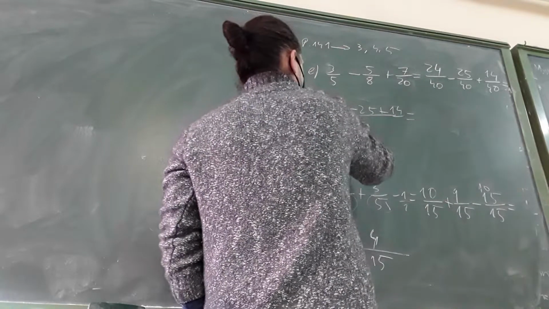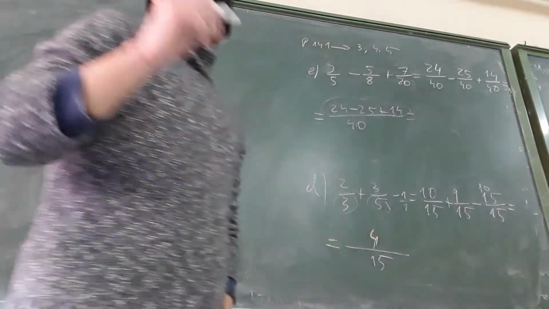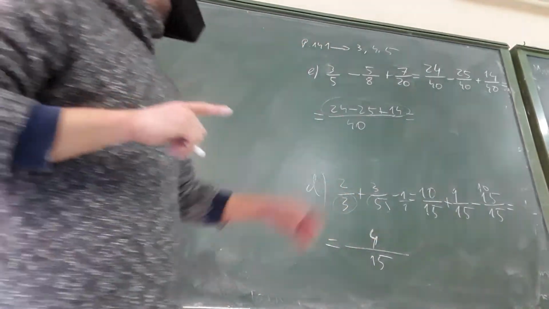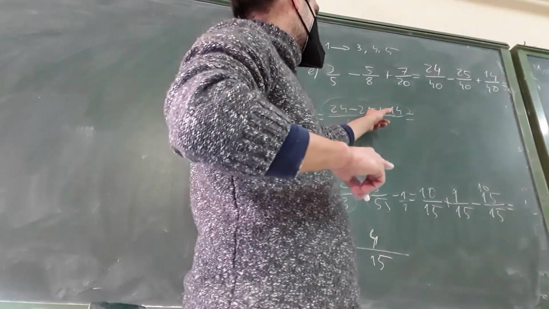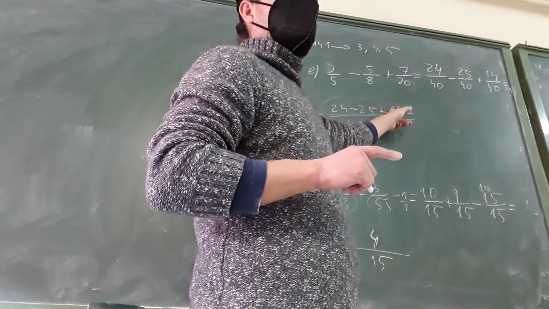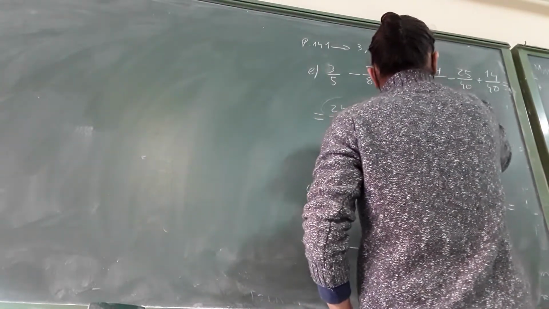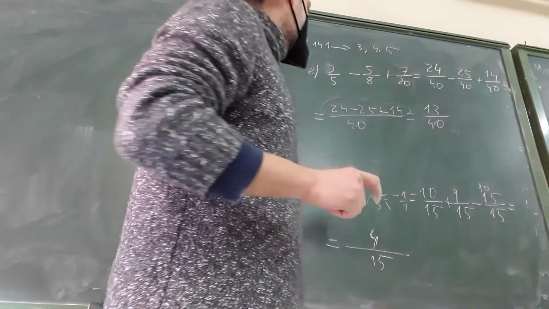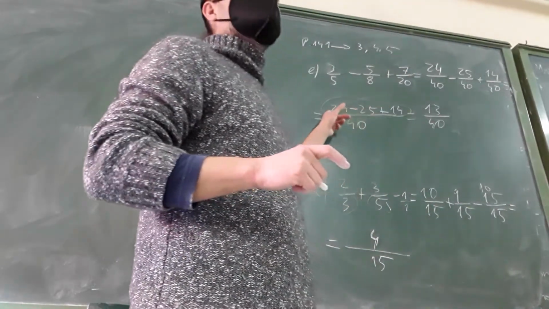Be careful with this operation because the result is not negative. But what about 24 minus 25? Negative 1. And negative 1 plus 14? 13. 13 over 40. Os digo, mucho cuidado con esta operación porque el resultado no es negativo, ¿no?